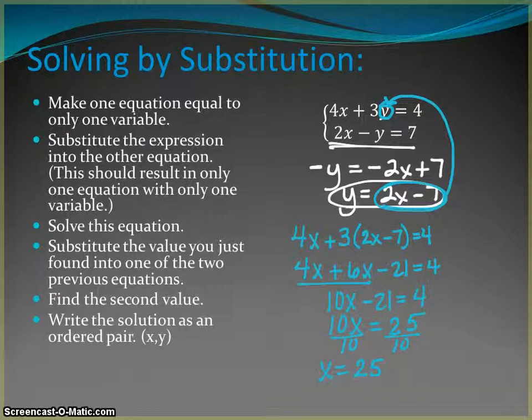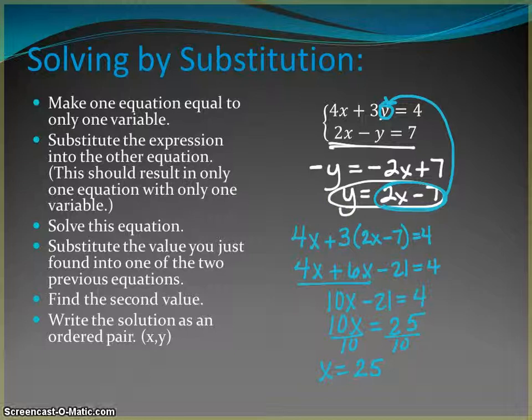Okay, now that we know that x is 2.5, we will take our value of 2.5, just like it says up here, substitute the value we just found into either of the two previous equations. Well, to be honest, in substitution, the easiest equation to substitute this back into is our y equals 2x minus 7.